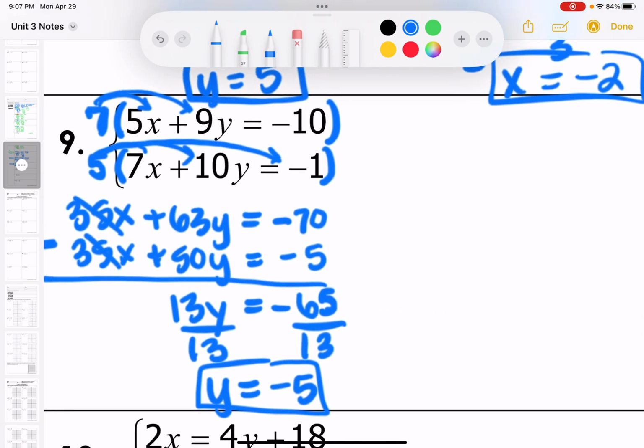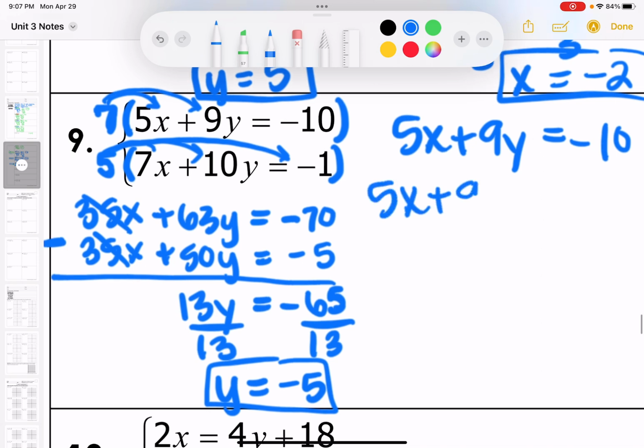Now I'm going to take that negative 5 and plug it into one of my original equations. So I'm going to choose the first one. And I'm going to change the y to a negative 5. So 9 times negative 5 is negative 45.